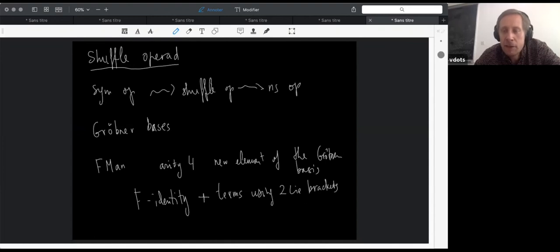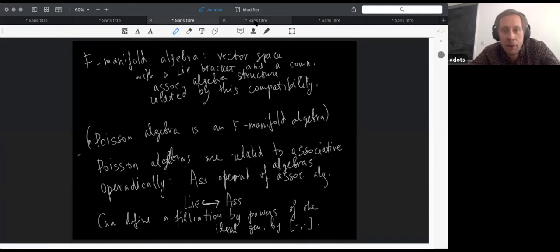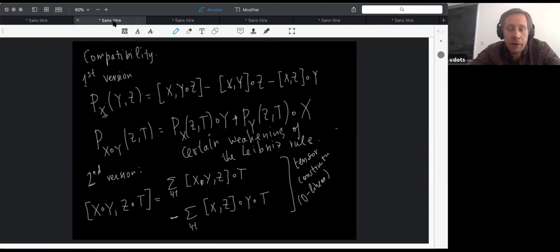What happens is that in the F identity, I should probably bring you the definition. The F identity is an identity with 4 arguments where you use the Lie bracket once and the commutative associative product twice.